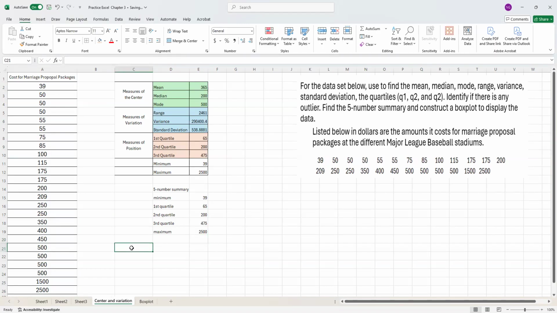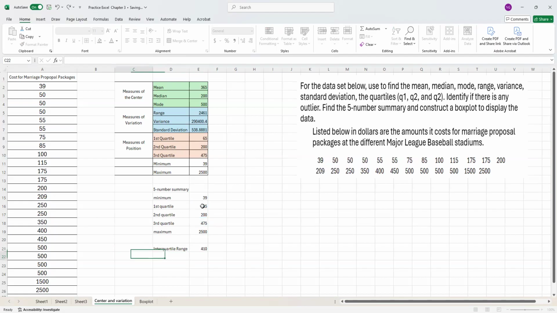For example, you can find the interquartile range. Remember, what it is exactly is the third quartile minus the first quartile.